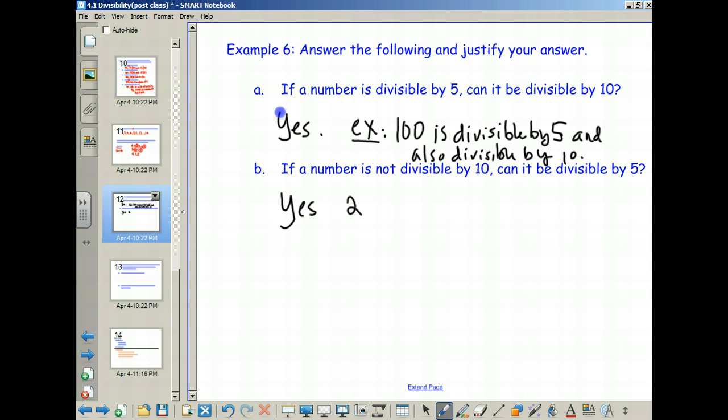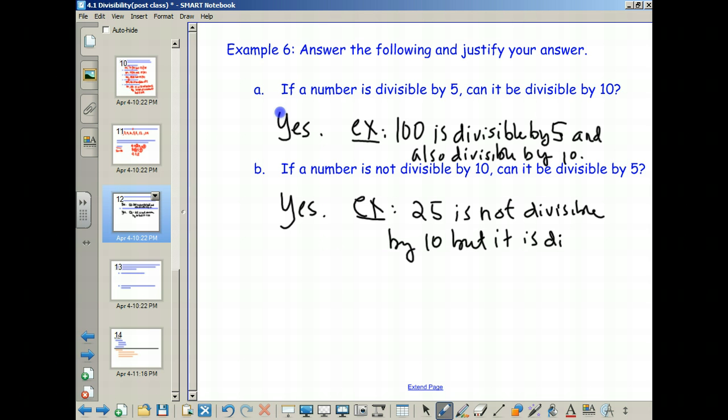So 25 is not divisible by 10, but it is divisible by 5. Okay, so you should be thinking in terms of examples when you're looking at these. You're going to have several where you're going to have to answer a yes, no question, or a true, false kind of question, and justify what you've decided to answer. Okay, we've got one more.